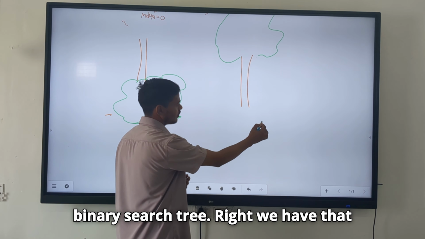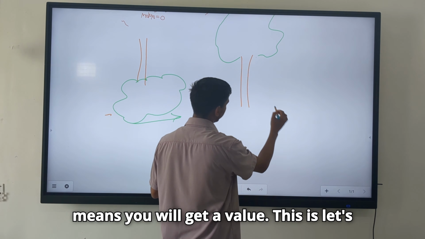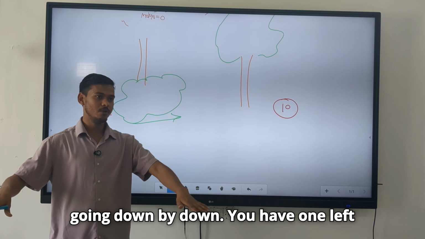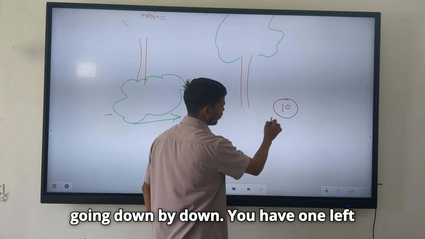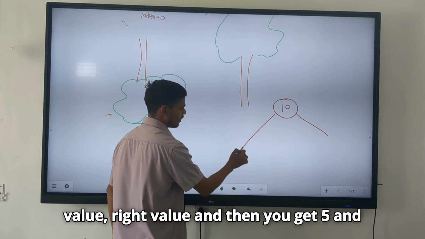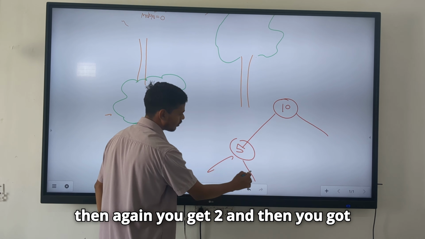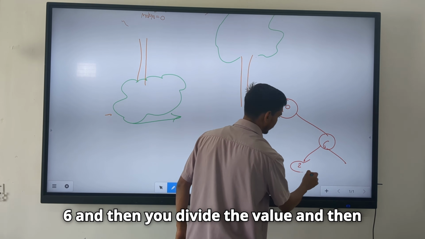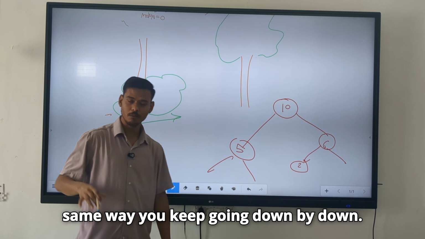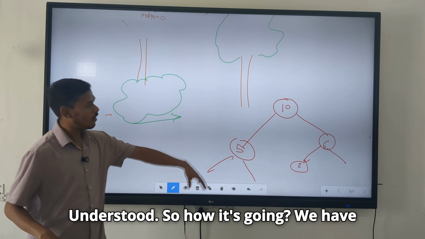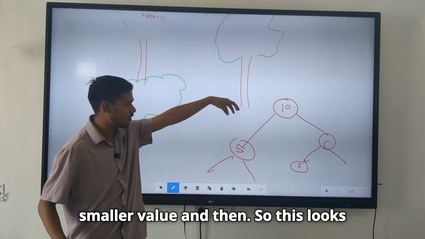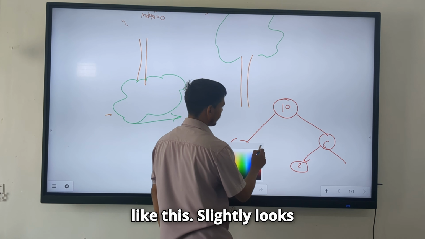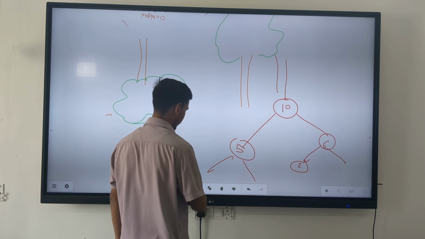You get one value and then keep going down. You have a left value and a right value, and then you get 5, then again you get 2, then you got 6, and you divide the values and keep going down the same way. So how is it going? We have the smaller value on one side, and it looks slightly like this.